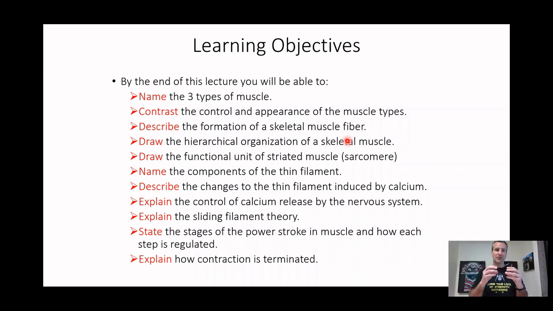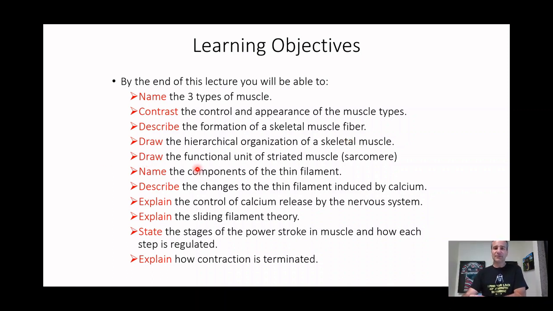It's very similar to any organization where a single individual is not doing very much, but when you come together with a bunch of other individuals, now you can have a real effect. Same thing happens with skeletal muscle. One single cell can't do much on its own, but they come together and combine to make this really big, long, thick fiber that can now produce all of the force that allows us to move.